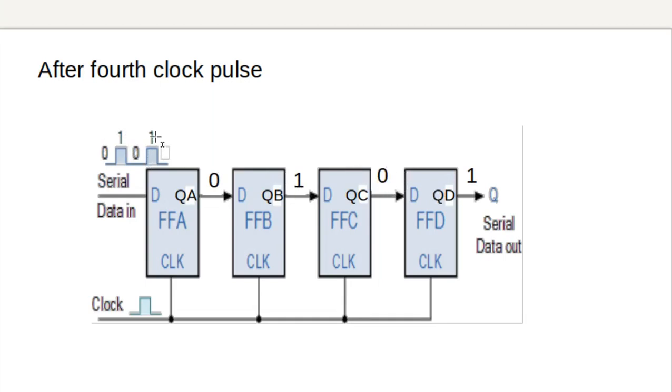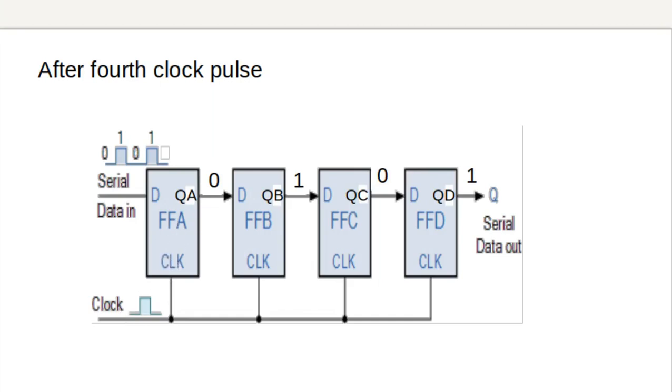So all the 4 bits 0, 1, 0, 1 have been entered into the shift register and can be seen here: 0, 1, 0, 1. This is the way we are entering all the 4 bits into this shift register, and for the entry of these 4 bits we had to apply 4 clock pulses. So this is the way of storing a data word in a shift register.